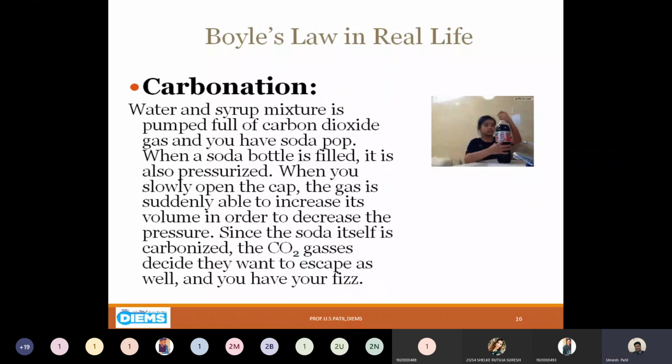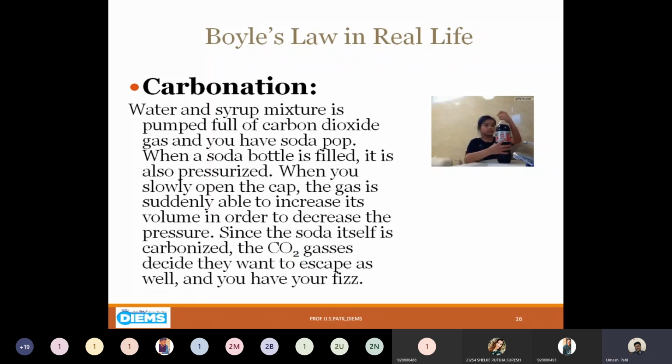Now let's proceed towards the next law, which gives the relation between pressure, volume, and temperature. Before moving towards the next law, I am again going to repeat Boyle's law so that everybody should be able to answer. Generally in interviews, the interviewer asks what is Boyle's law and to give some example of it.